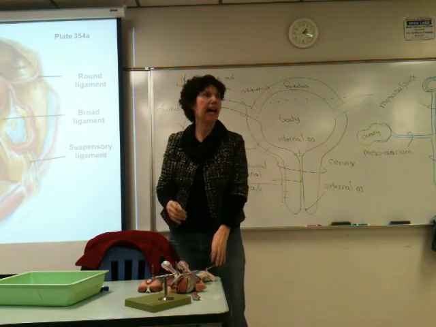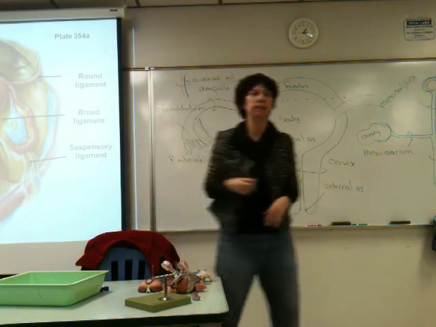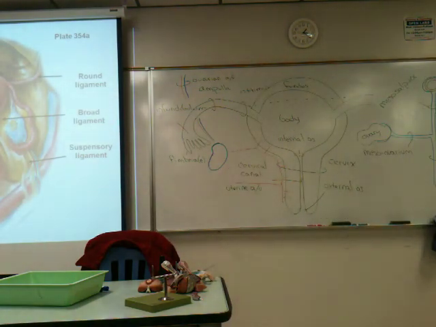You can see that very well in the plasticized pelvis, and you can also see it well in this model. So here's the uterus, here's the rectum, and this would be the uterosacral ligament right here. Okay?